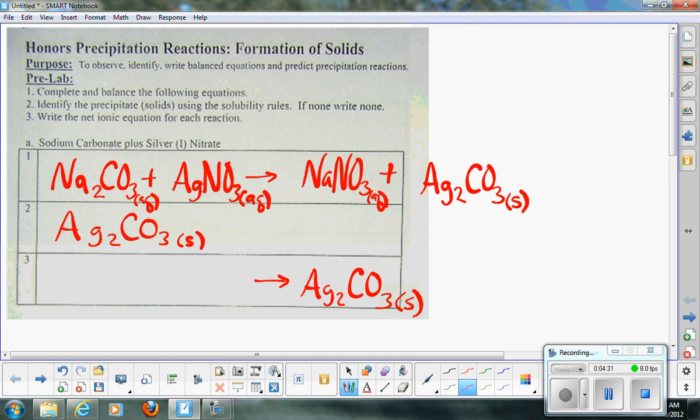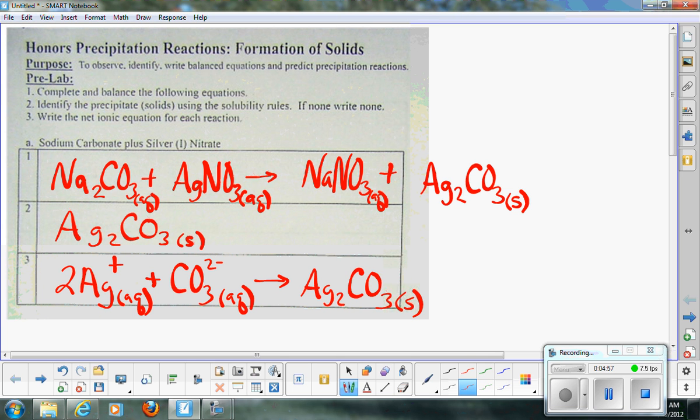Oh, well, I needed 2. So I put 2 Ag, and Ag had a +1, and as an ion, it has to be aqueous. Plus, well, what's left? CO3, and only one of them, so I put CO3. It had a 2- charge, and it will also be aqueous. And that's all we have to do for each one.